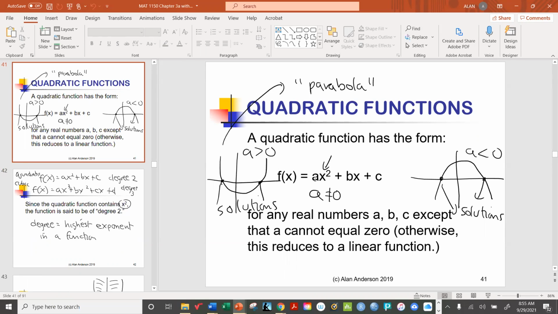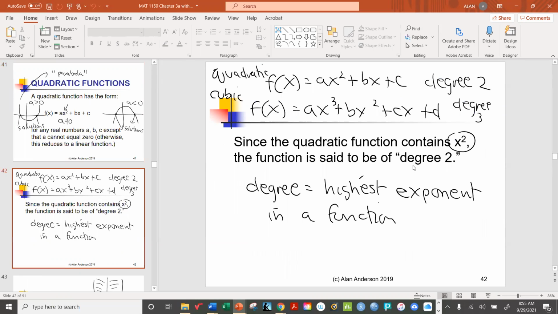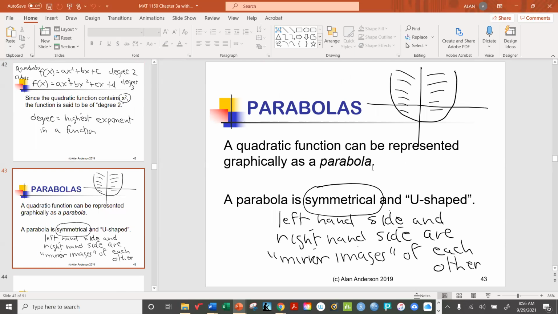If the coefficient of x squared is positive, the parabola faces up, and if it's negative, the parabola faces down. The order tells us the highest exponent in the equation. A quadratic function means we have x squared, but that's as high as it goes. Cubic means there's an x cubed term in there. So here we're focusing just on x squared cases.